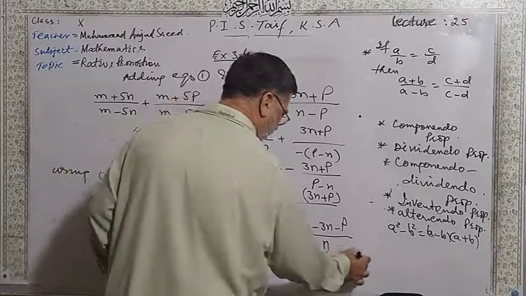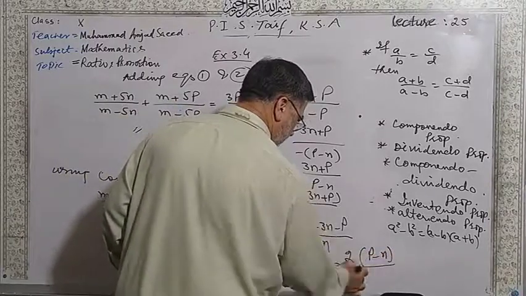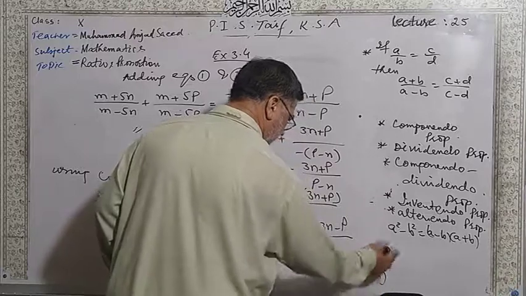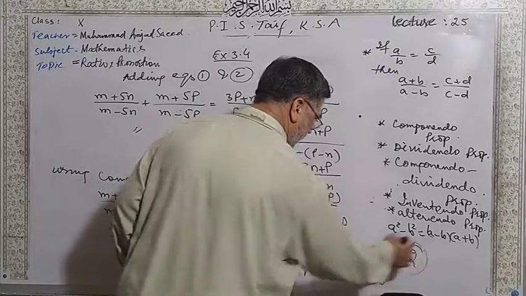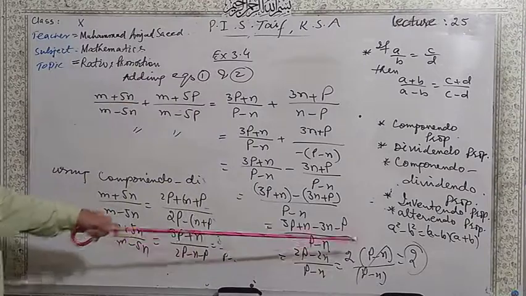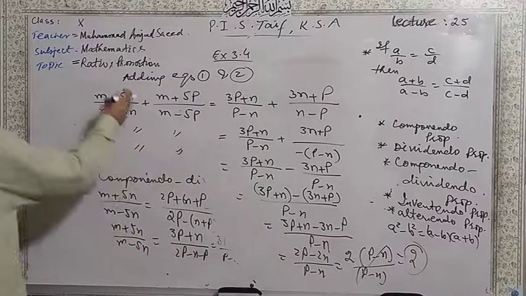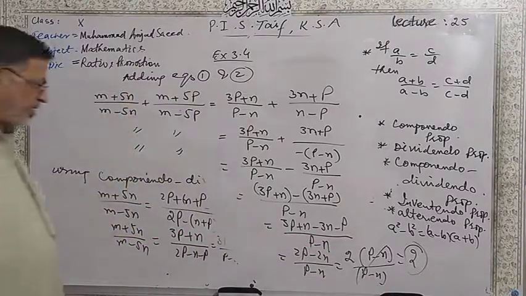Take 2 common from the numerator, and you have (p minus n) over (p minus n), which cancel out. We are left with our answer as 2, and the left hand side is your required expression.